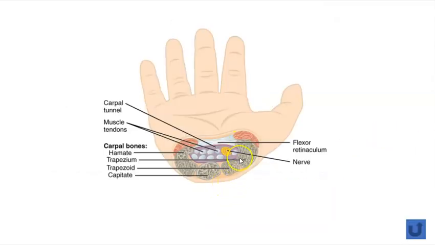I mention tadi yang carpal bone forming anterior concavity here to accommodate this flexor tendon and also nerve, and this anterior concavity turns into a tunnel, all the structure enclosed inside due to the flexor retinaculum. Attachment of flexor retinaculum ni membuatkan this structure enclosed in a tunnel called carpal tunnel.